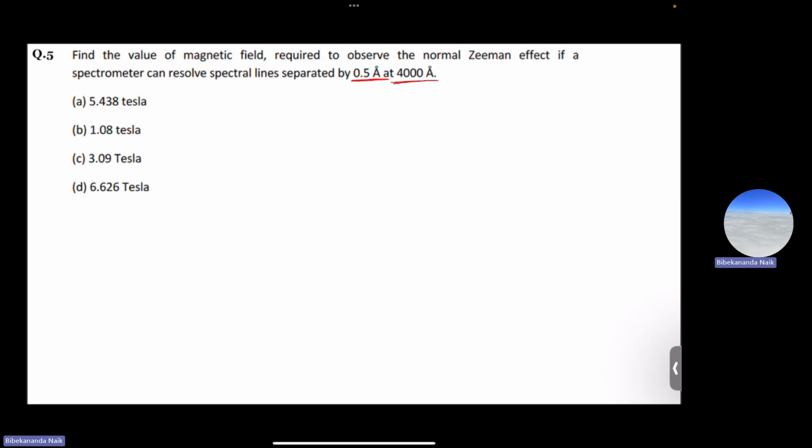So this question is pretty much similar to the previous question, but here we need to calculate the magnetic field, and the value of lambda is given to us. Lambda is 4000 Angstrom, and delta lambda, that is the resolution, is given as 0.5 Angstrom. So you will use the same formula and we will calculate the value of the magnetic field.